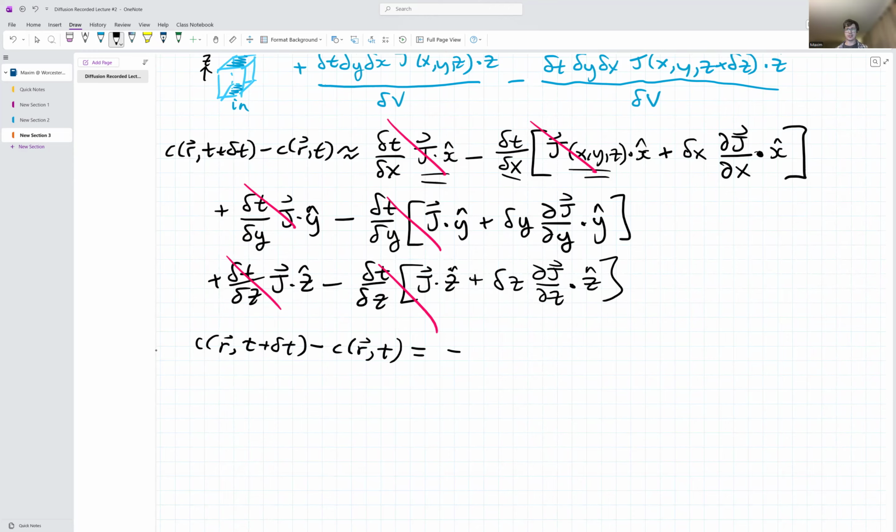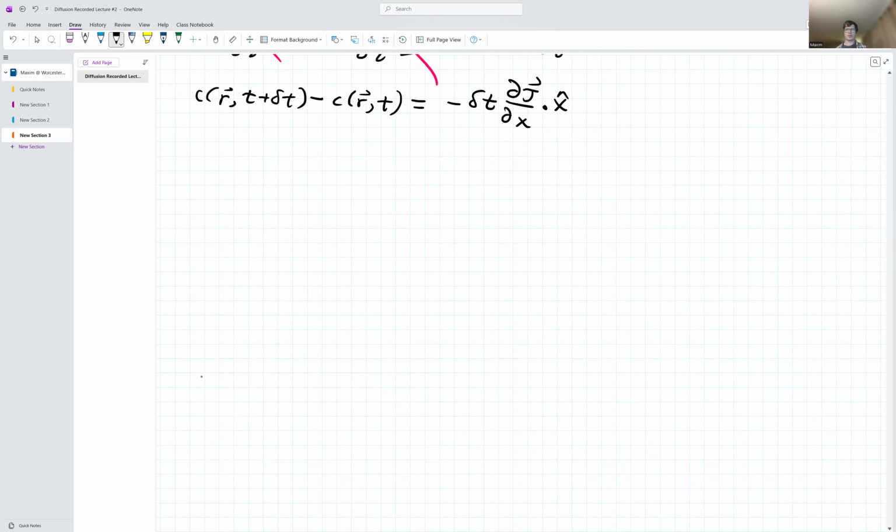These delta x's actually cancel when we multiply it out. So we're actually just left with delta t times dj/dx dotted into x hat, and minus delta t dj/dy dotted into y hat, minus delta t dj/dz dotted into z hat.